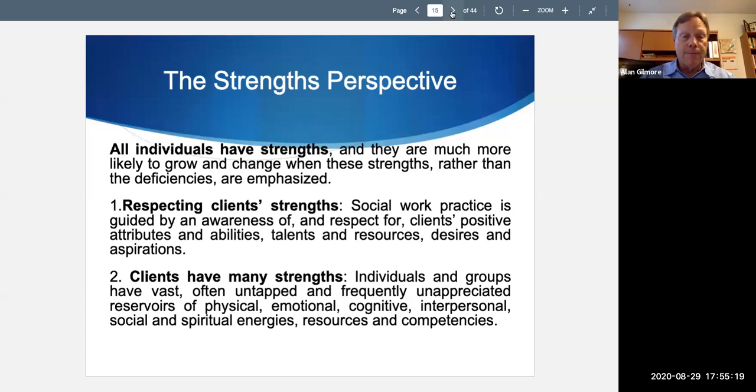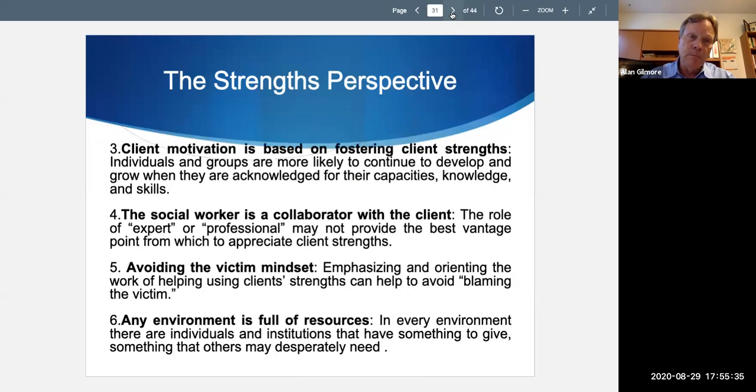They are often untapped and frequently unappreciated, but they can address physical, emotional, cognitive, social, and spiritual energies, resources, and competencies. Client's motivation is based on fostering client strengths. So helping a client identify their strengths is often quite motivating for a client.